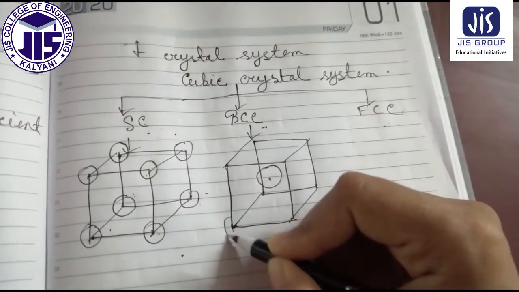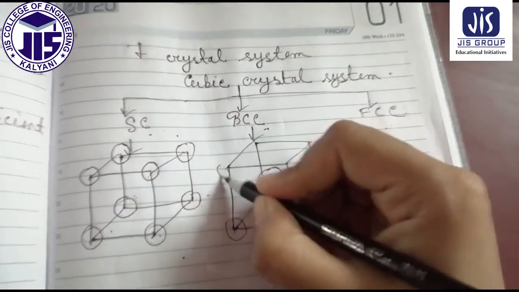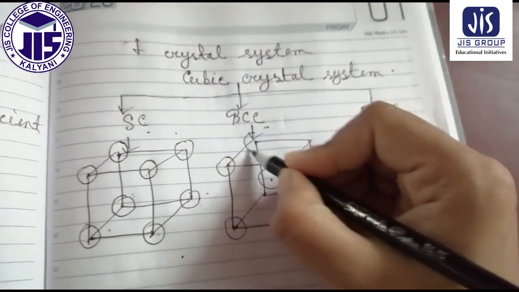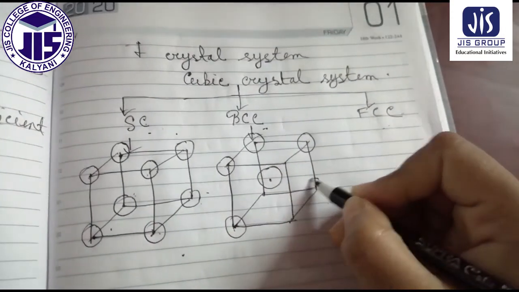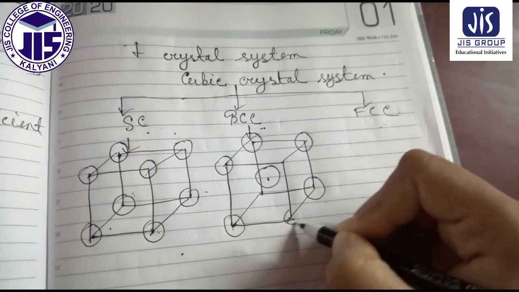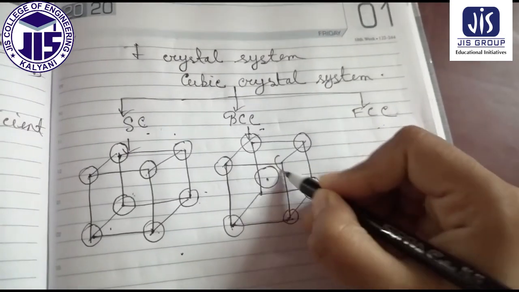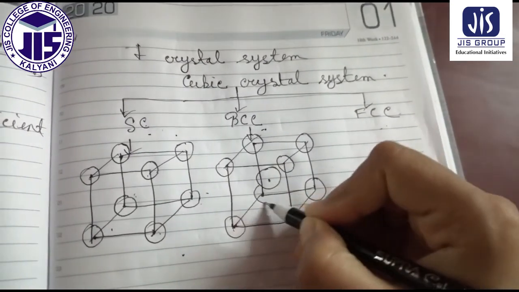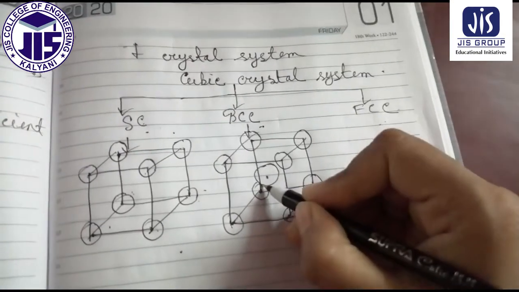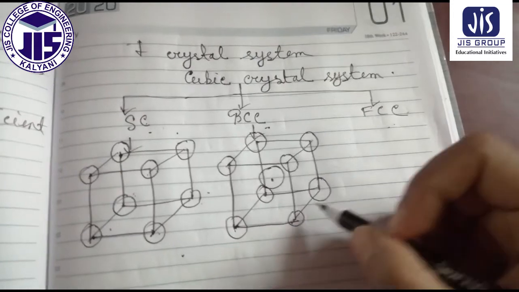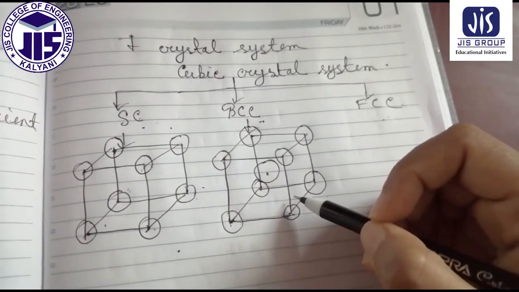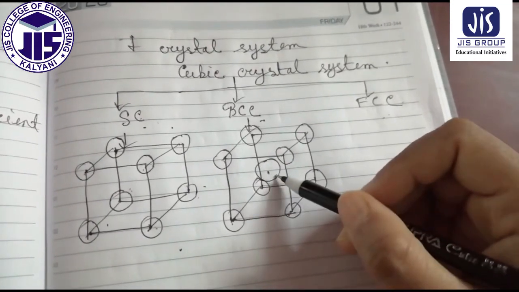Also at the 8 corners there are 8 atoms: 1, 2, 3, 4, 5, 6, 7 and 8. So this is body centered because at the center of the body there is an atom like this.